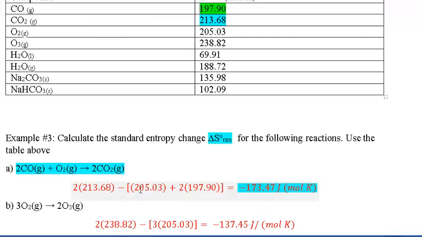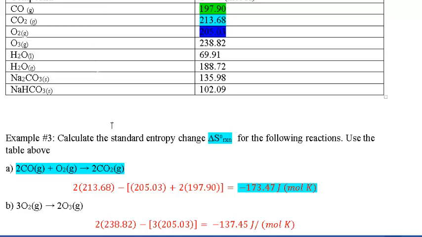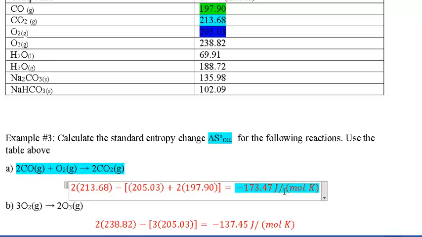And don't forget to multiply by 2, plus the entropy for oxygen gas, and that's 205.03. And I multiplied it by 1 because there's only 1 mole. So doing that, products minus the reactants, each one multiplied by their stoichiometric coefficient, you get a value of minus 173.47. Okay, make sure you put down the proper units.